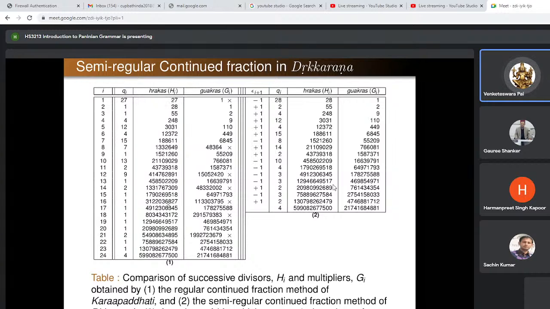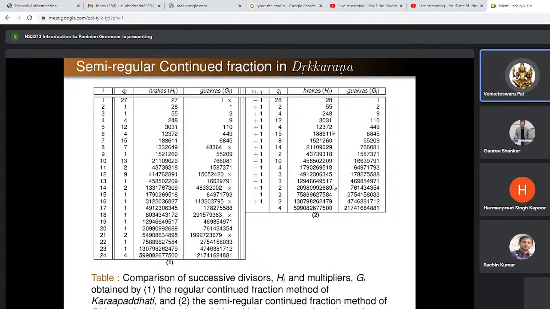The first one is the Karna Paddhati method, the normal, regular continued fraction method, and the second table gives the nearest integer continued fraction method, where the number of successive coefficients obtained for a ratio is lesser than the number obtained in the Karna Paddhati method.